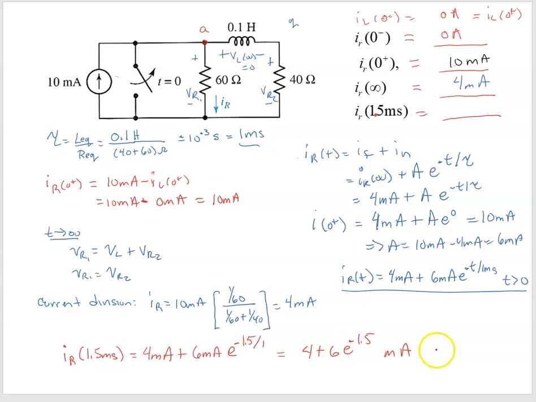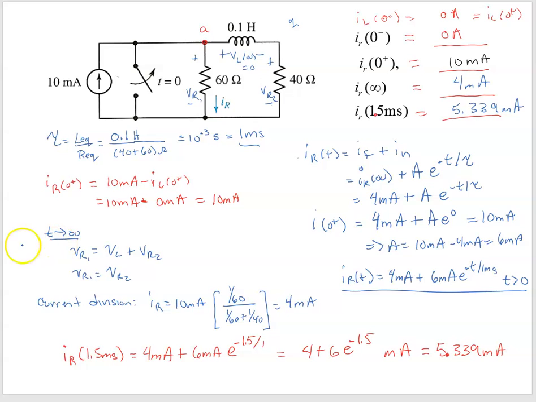You can plug this in to check it, but that's equal to about 5.339 milliamp. So we'll write that in up here: 5.339 milliamp. So we're at 10, heading down to 4, and within 1.5 time constants we're all the way down to 5.339 milliamps.